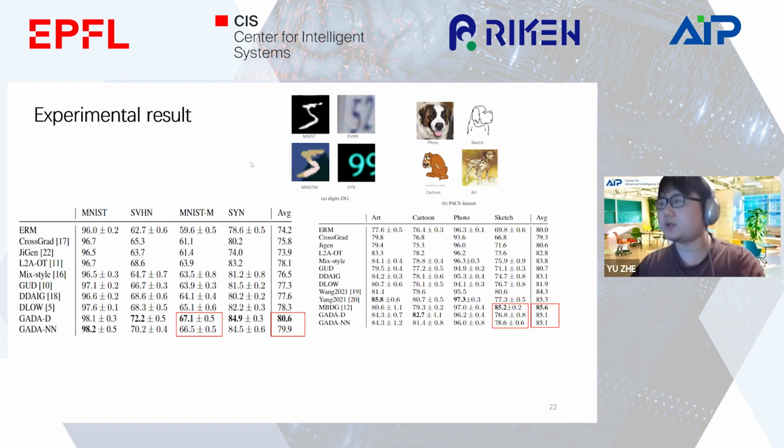And the first experiment is to test our proposals on 3 common benchmarks. On this page, I first show the results on 2 common benchmarks. One is called Digits-DG. This benchmark has 4 different digits datasets. And the second is the PACS dataset. It also has 4 different domains: photo, sketch, cartoon, and art.